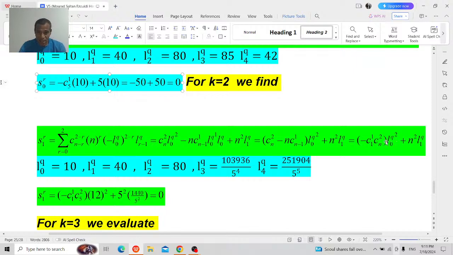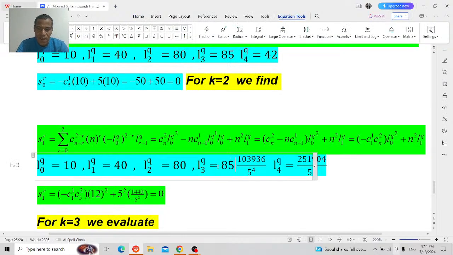So, let's find the value of S1. Here we have L0 is 10, L1 40, L2 80, and L3 is 85, and L4 is 42.